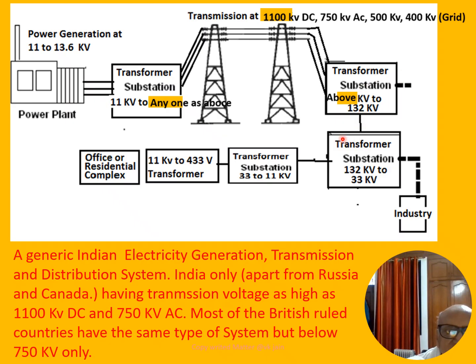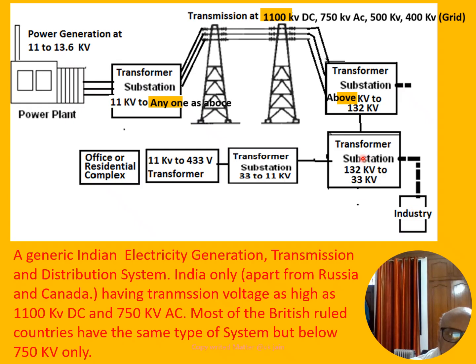When it comes to a big city like Noida, Delhi, Bombay, Chennai, Bangalore, the voltage level is brought down from 132 to 33 kV for industry, and this system is taken to industries, mostly in India, in Noida, Pune, Bangalore, etc.